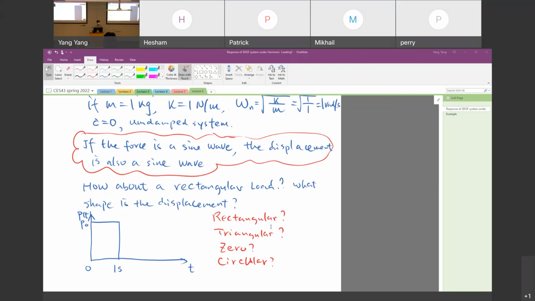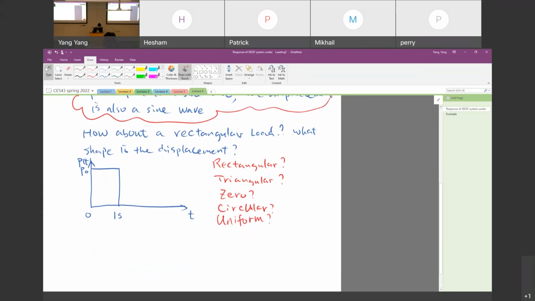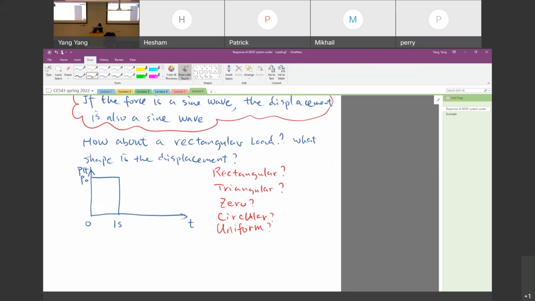The bonus point goes to whoever can figure out the shape. Parabola. One bonus point. Uniform. Okay. Are you guys now just yelling out shapes?